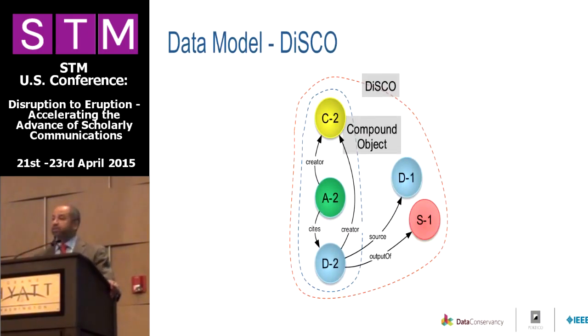A DiSCO looks like this. It's very similar to the OAI Object Reuse and Exchange model, where you have a compound object, and that's represented here in the blue dashed line, and things that it connects to out in the broader world, and those are inside the red DiSCO. The DiSCO contains the entire part.